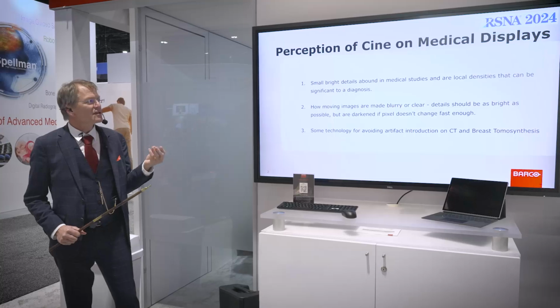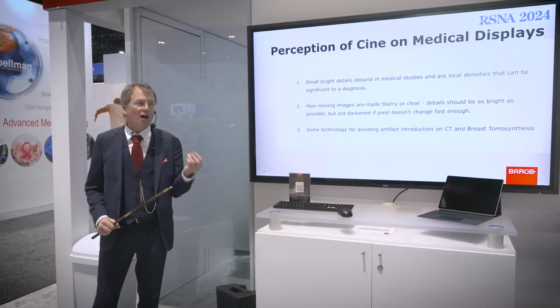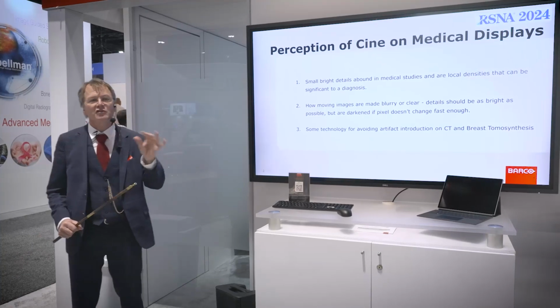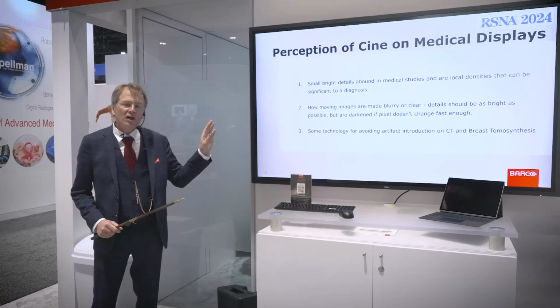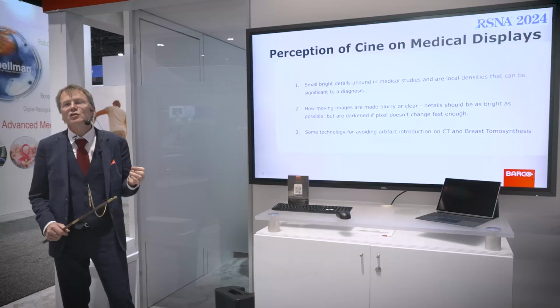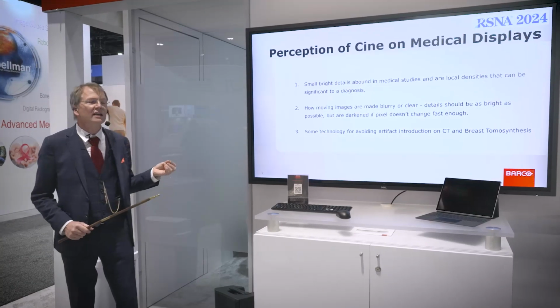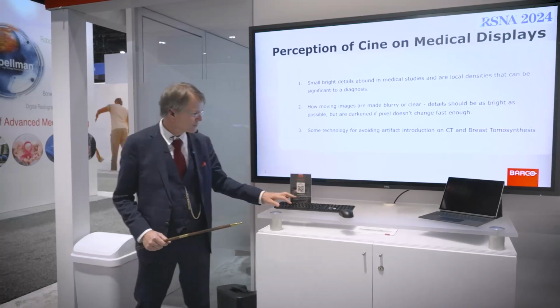Details obviously should be as bright as possible, but they're darkened if the pixel doesn't change fast enough in a moving image. So we'll talk about that, and then we'll talk about some technology that is used to avoid the introduction of these artifacts on CT and on breast tomosynthesis.